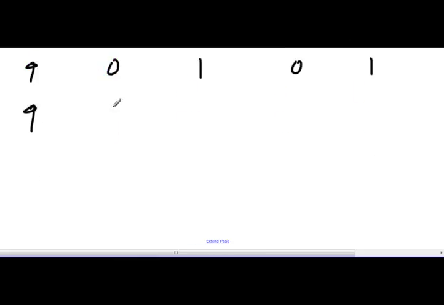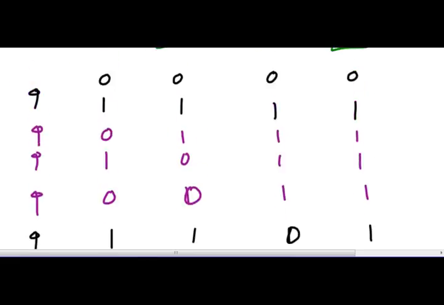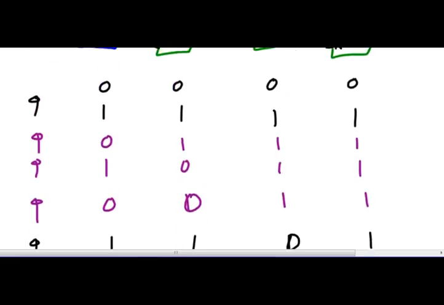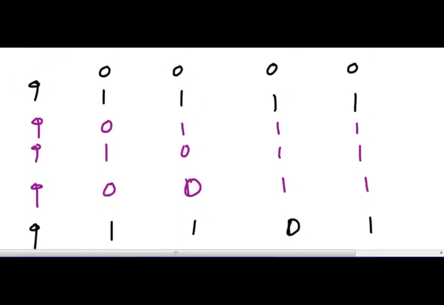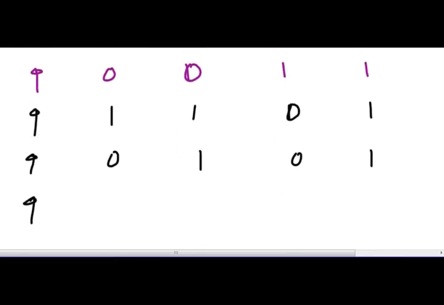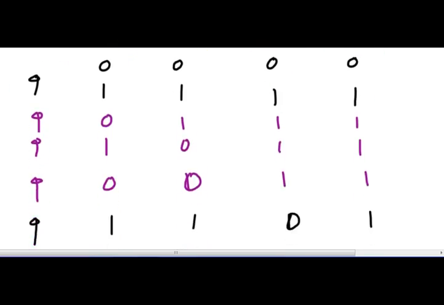And anybody see the pattern yet? Oh, probably not. This is the most significant bit. This is the least significant bit, and I am counting down.